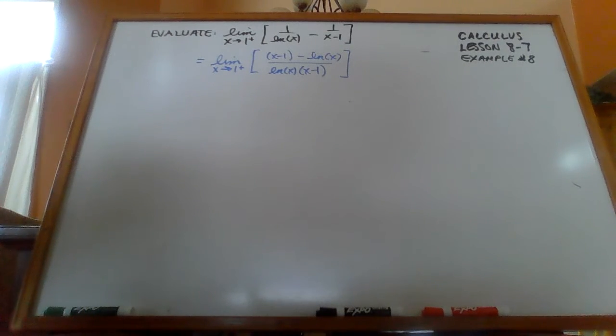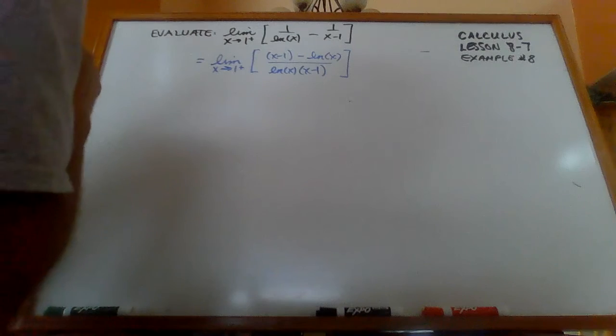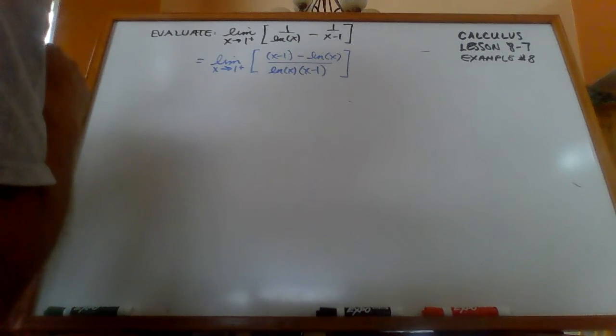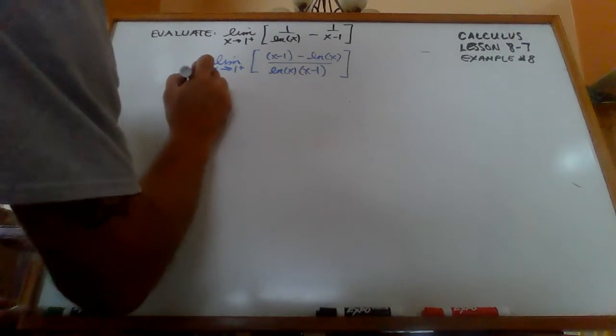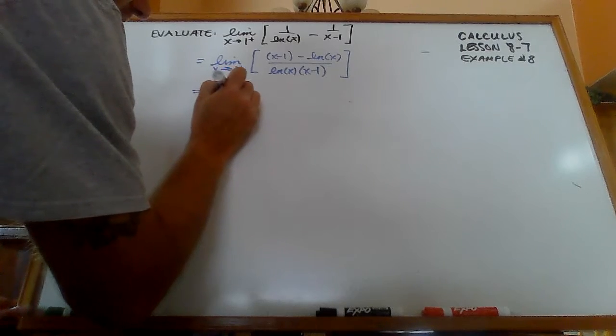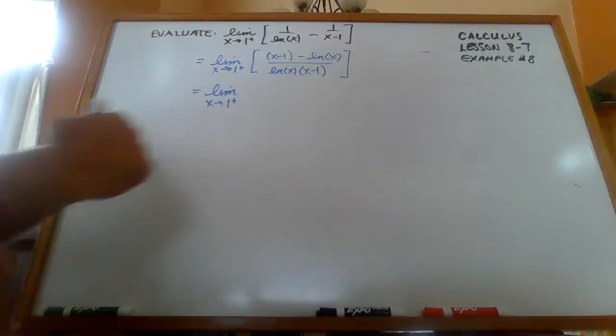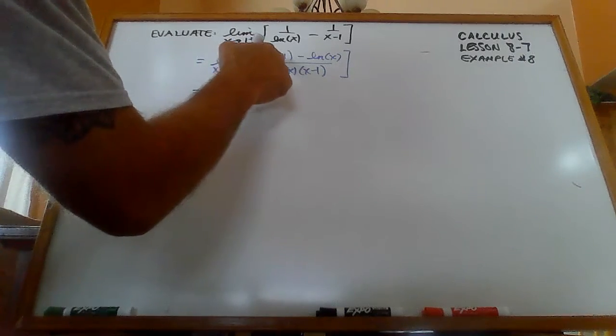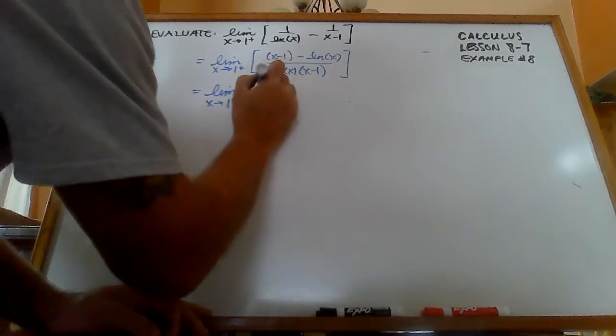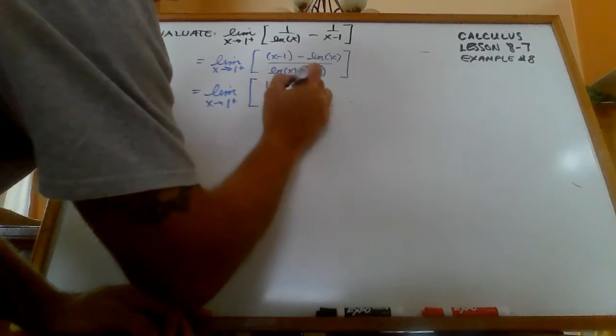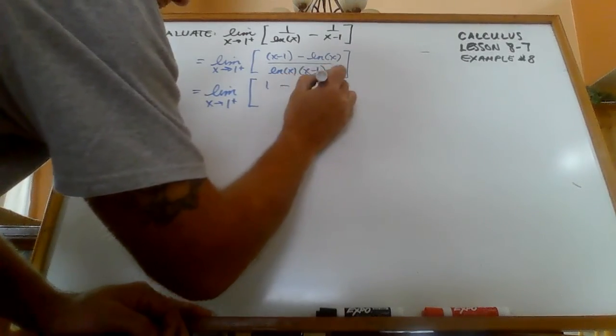Now I'm going to use L'Hopital's rule here, and I'm going to take the derivatives. So this is the limit as x goes to 1 from the positive side. So that's going to be 1 and 0. So this is just going to be 1 minus the derivative of that, which is 1 over x.